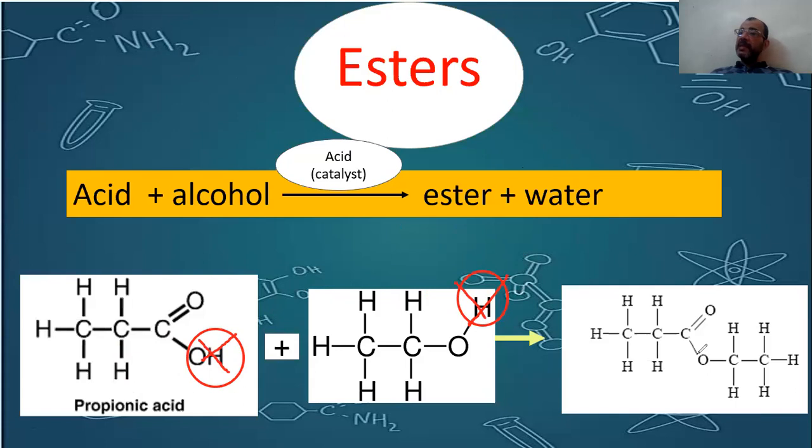They form ester. Now I want you to compare the drawing on the left and the drawing on the right. Here, for the acid, you have 1 carbon atom, 2 carbon atoms, 3 carbon atoms, and a double bond. Look at the ester here: 1 carbon atom, 2, 3 carbon atoms, and a double bond.